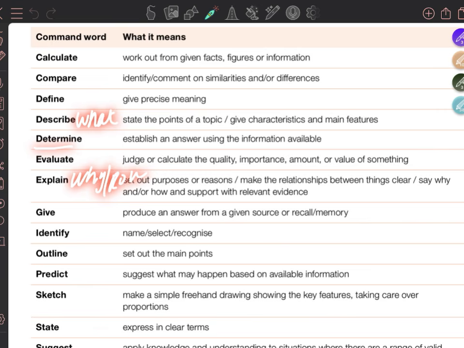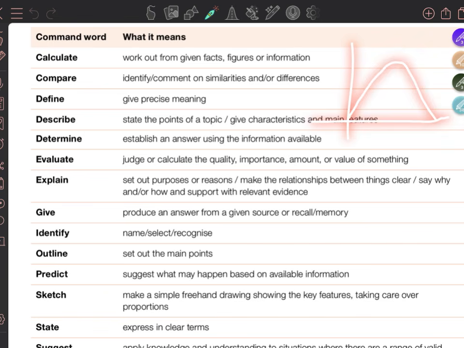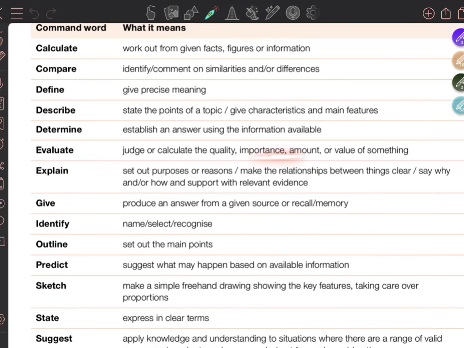Determine, you have to establish an answer using the information above. For example, if you have a graph and it says that the highest peak is this, they will say determine the something related to that point. You have to use the points and connect them to answer that question. Evaluate means you have to judge the importance of something.